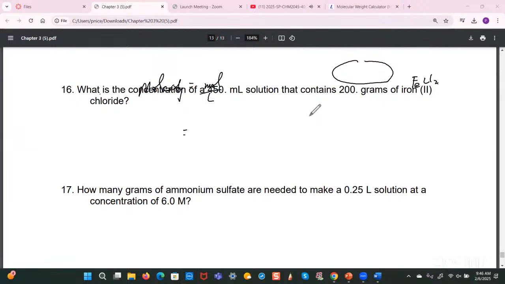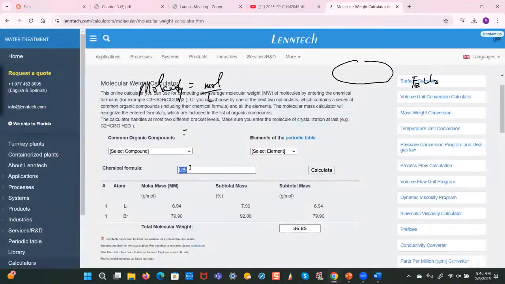So we need to find the molar mass of iron 2 chloride. FeCl2, and that's 126.75. So the molar mass here is 126.75 grams per mole, right?